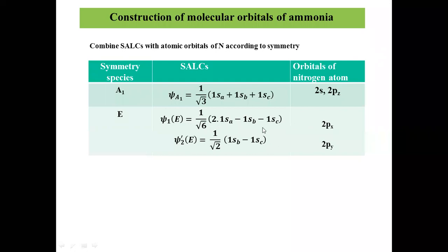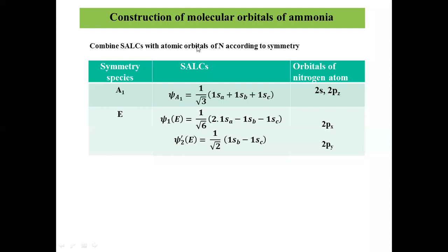Anyway, this looks like px, so I'm going to combine it with this 2px. Now this looks like py. I gave the shape of this beforehand such that we don't get confused. So I'm going to combine it with the atomic orbital 2py of nitrogen. Right. So that is the way we should combine.